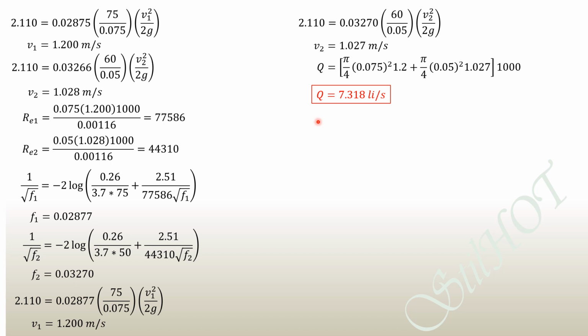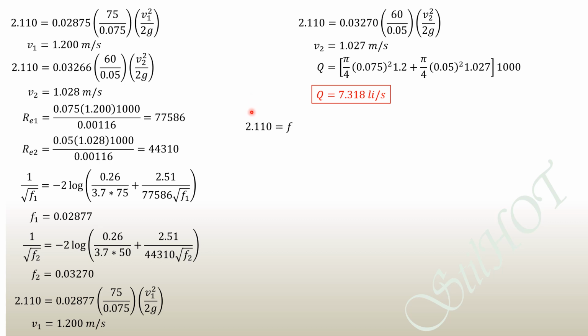So here is the second solution, which is more direct and we don't need the Moody diagram. Let's just apply the Colebrook equation right away. Since head loss is known, we can establish an equation between friction factor and velocity.